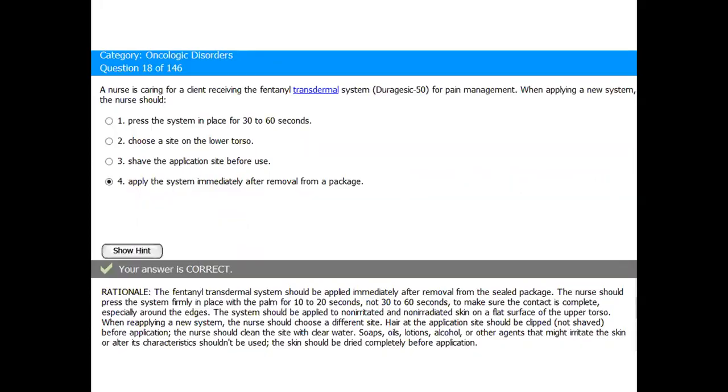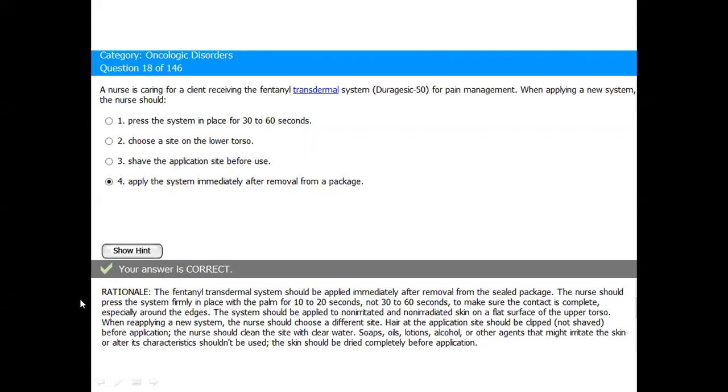Why is it the answer? Let me read their rationale. The fentanyl transdermal system, the pain medication, should be applied immediately after removal from the sealed package.